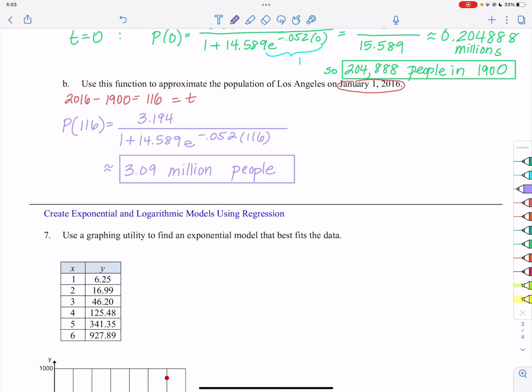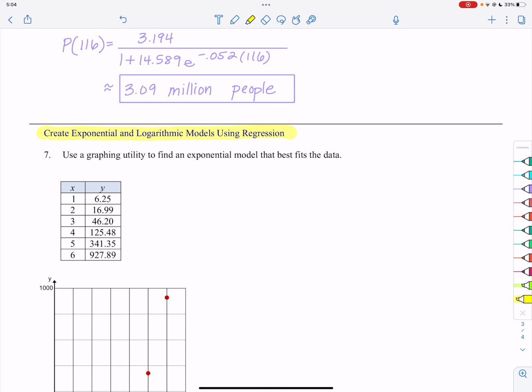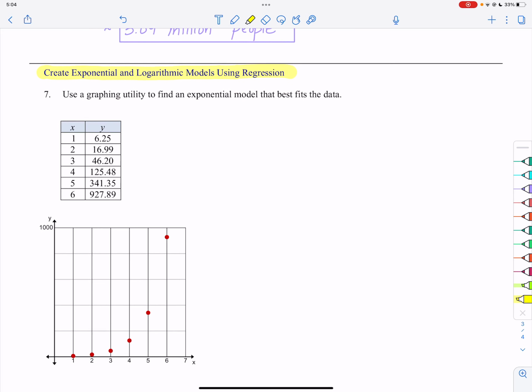Okay, now let's go ahead and create exponential and logarithmic models using regression. So we're going to use a calculator to input these values and then to try to find the best model to fit that data.